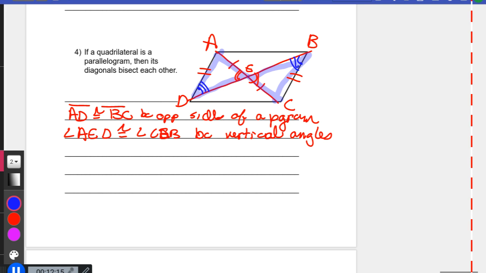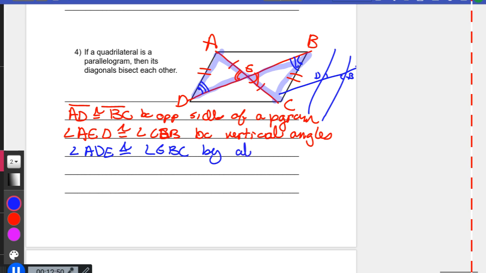So I am seeing these two parallels, AD and BC, and this diagonal. What was that called? Transversal. So there's my B and there's my D. And then we had these two angles that would have been alternate interior angles. That DB is serving as the transversal. So angle ADE is congruent to angle EBC because they were alternate interior.